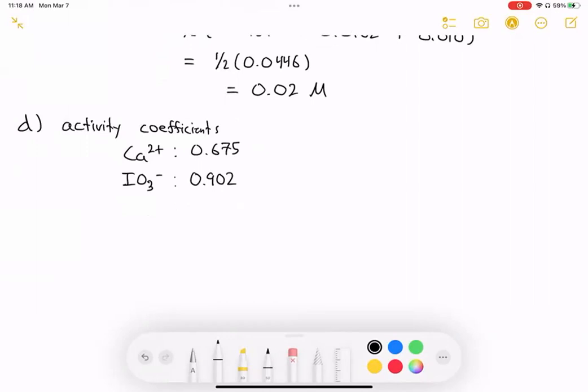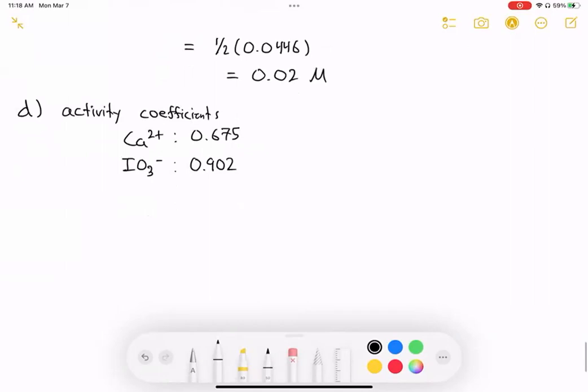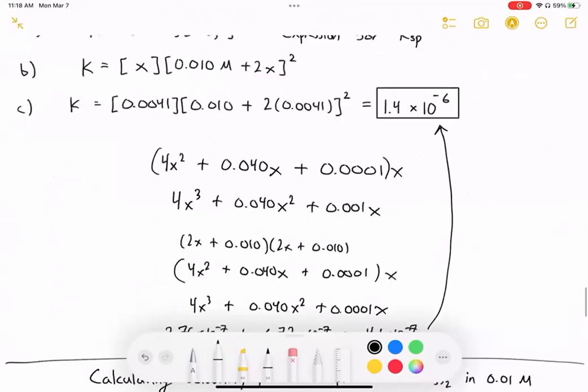So now we have to rewrite the KSP expression using our constants. So KSP, or simply K, we're going to rewrite it as the activity of calcium 2 plus times the activity of iodate minus, squared.